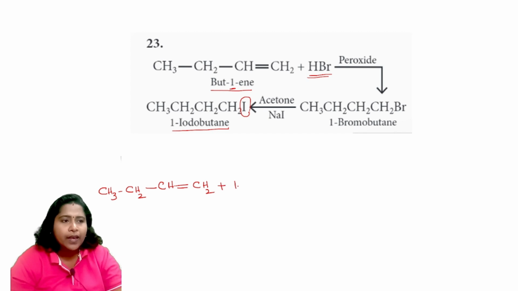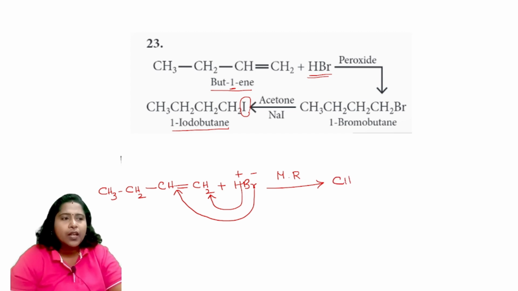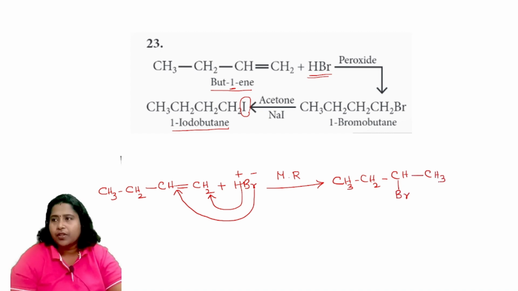If I apply only HBr, without the peroxide, it will follow Markovnikov's rule. The positive part will attach here, and Br will attach here. So here bromine will be attaching, and here we get CH3.